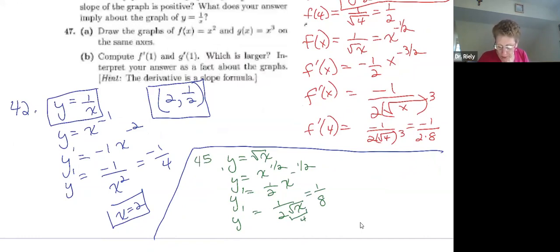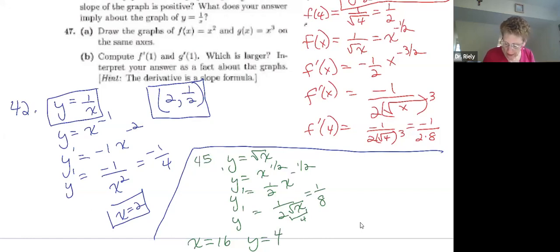The square root of 16 is 4. So what I'm finding is that my x has to be 16. So my x equals 16. Okay? If my x equals 16, what's my y? Well, my y is going to be the square root of 16, and that's going to be 4.